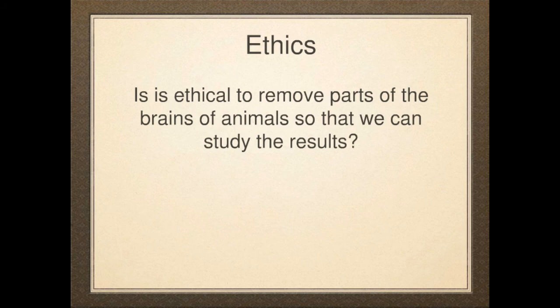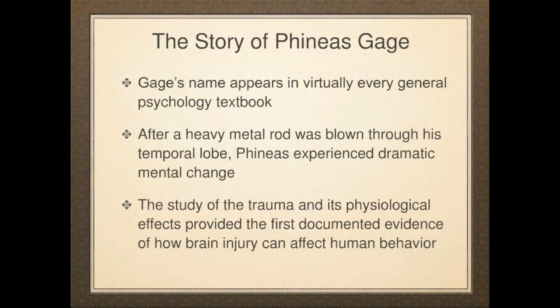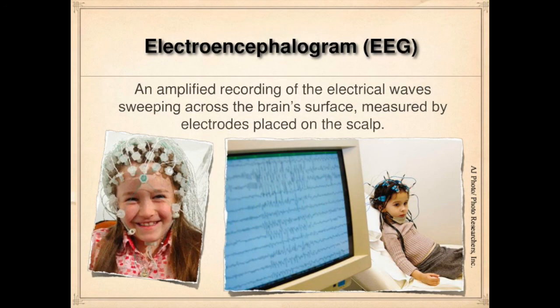We talked about ethics, whether it's okay to create lesions in animals' brains just so we can study the results. Obviously, we know we can't do that on humans. Phineas Gage was important because he was really the first documented traumatic brain injury case where he actually had a lesion in his brain.